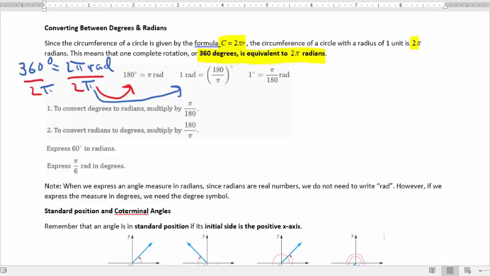And alternatively, if I had divided by 360, I'd end up with 1 degree equals pi over 180 radians.